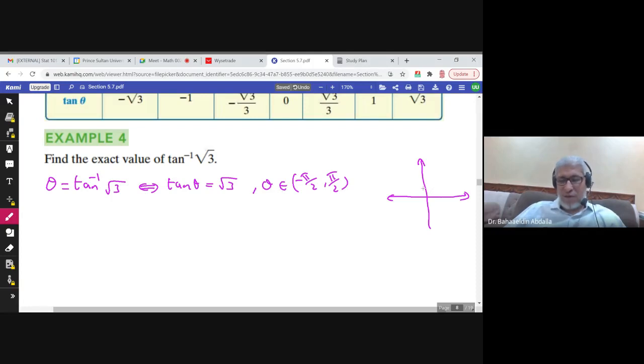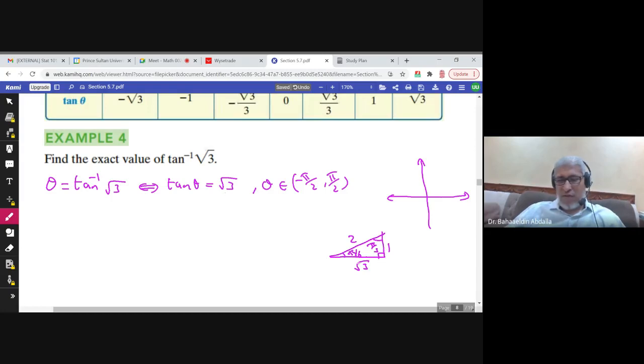In the first quadrant, what is the angle with tan equals square root of 3? Again, we need this triangle, 60 or pi over 3, 30 or pi over 6. We know that this side is 1 and this is square root of 3. We know that tan is opposite over adjacent. So which of these angles has opposite over adjacent equal to square root of 3?